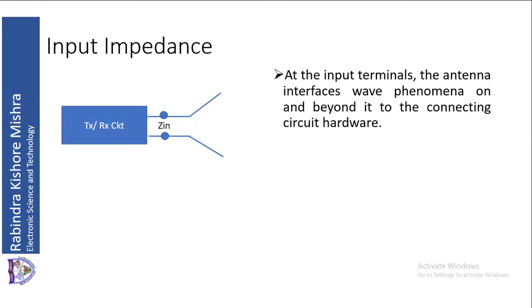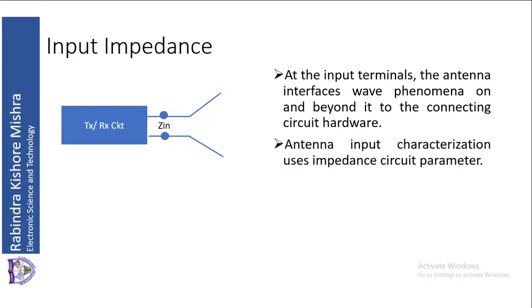So, the input terminal of the antenna is interfacing between the wave phenomenon on the outside of the antenna and the circuit phenomenon on the left side of the antenna.